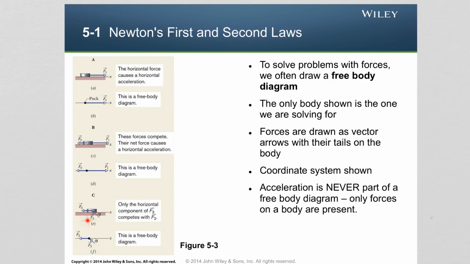And now in the last situation, I have my hockey puck again, and two forces act on it, F2 and F3. So here is my free body diagram. I have my coordinate system. I have force F2 starting from the body, which is represented with this dot, and the force acts to the left.